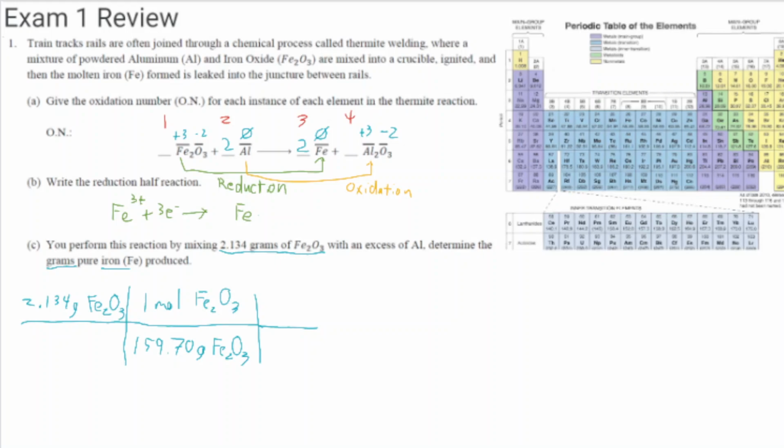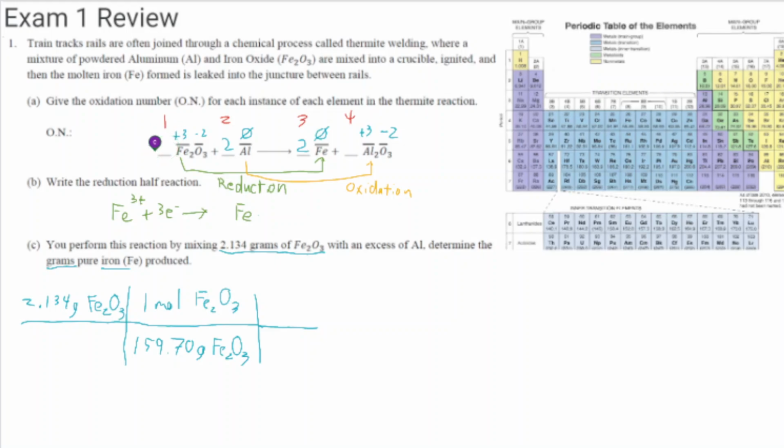That'll make it a lot easier to avoid making any kind of calculation mistakes later on. Looking at this, we have grams of iron oxide on top and grams of iron oxide on bottom, so these will cancel out, and we're left with moles of iron oxide on top. So now we're in moles. We can go ahead and look at our chemical equation. We can see that for every 1 mole of iron oxide, we make 2 moles of iron. So we're just going to use these coefficients. There's nothing written down here, but this is considered to be a 1.